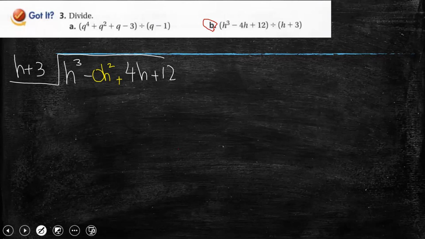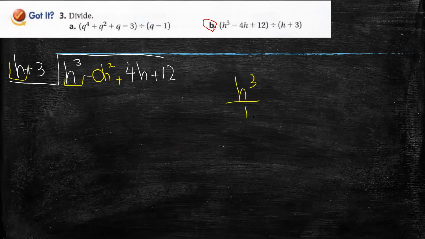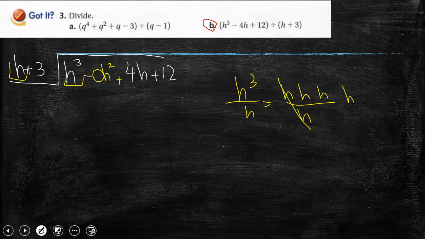Then let's divide here. The first term of the dividend by the first term of the divisor. So h cubic divided by h, which is h squared.